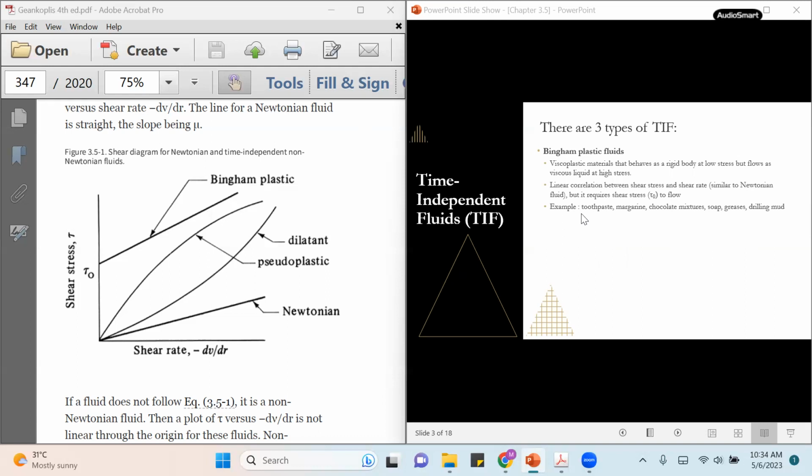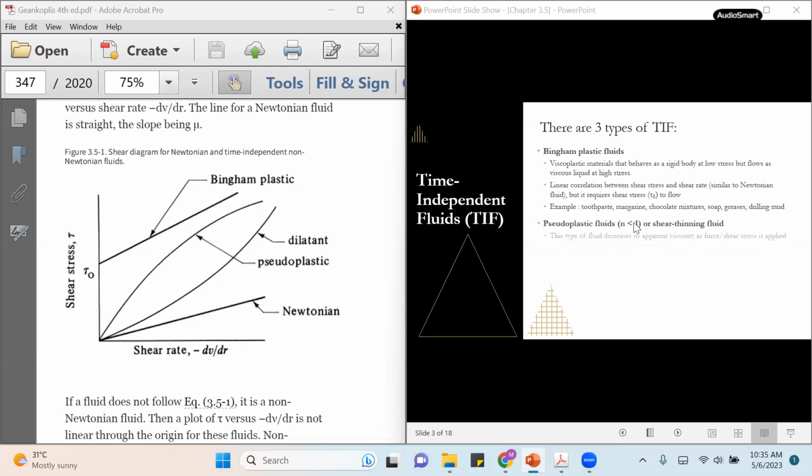If we did not do anything to the toothpaste, it will just stay there. But when we give the toothpaste tube a squeeze, then the toothpaste starts to flow. It starts coming out from the tube, right? It goes as well for the others.